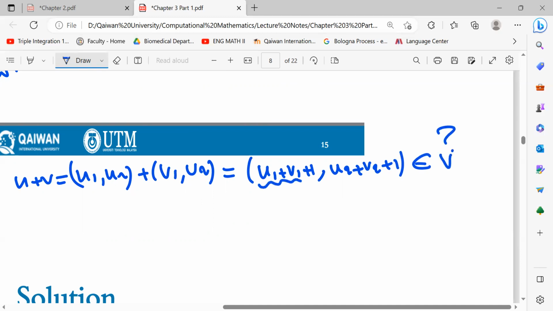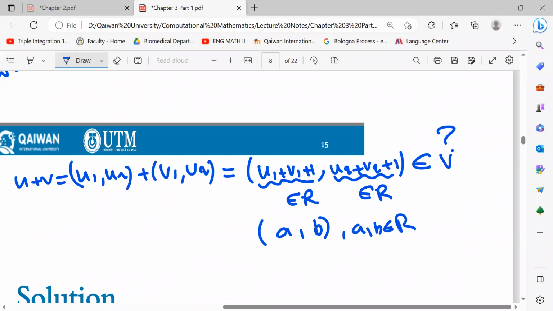Is this a real number? Yes, because U1 and V1 are real numbers, so the sum of them is a real number, and adding 1 to it is still a real number. It belongs to R. Is this a real number? Yes. So it is of the form (A, B), where A and B belong to R. That means it's in V.